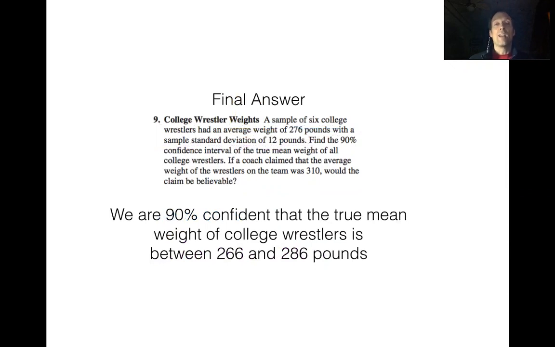That means that when we look at their number, 310, that's way far out of the maximum threshold, 286. And being that we're 90% confident that the population average is in between 266 and 286, there's a very small percentage chance that the real population average is outside that interval. That probably means we don't really believe what the coach is saying.